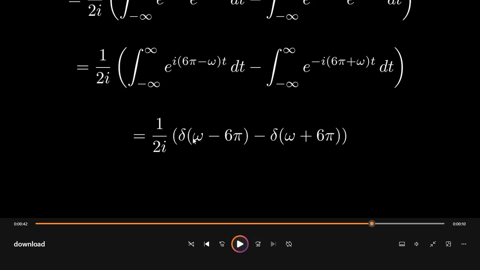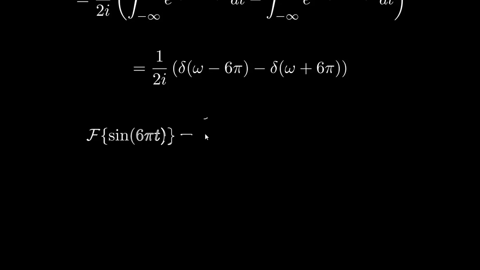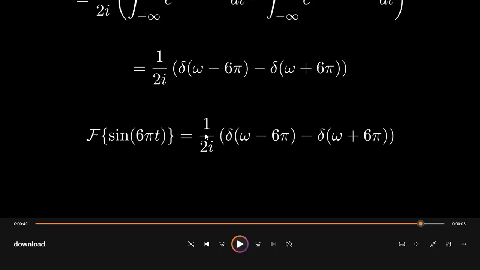Therefore, we get that omega has two solutions. This is the Fourier transform of the function, and the solutions are where the Fourier transform is not 0. It happens when omega equals 6 pi or omega equals minus 6 pi. Now remember that omega equals 2 pi f.